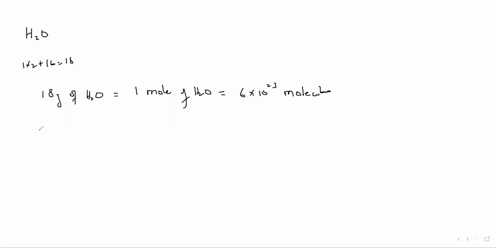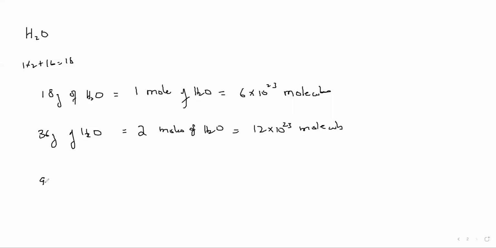If we have 36 gram of water, that means we will have 2 moles of water, and 2 moles of water will have 12 exponent 23 molecules.